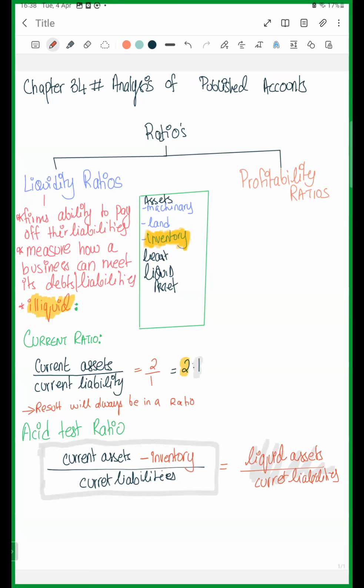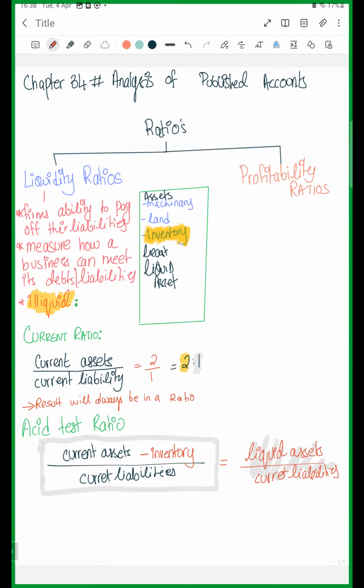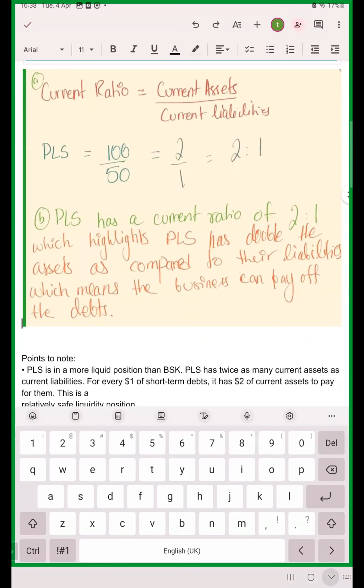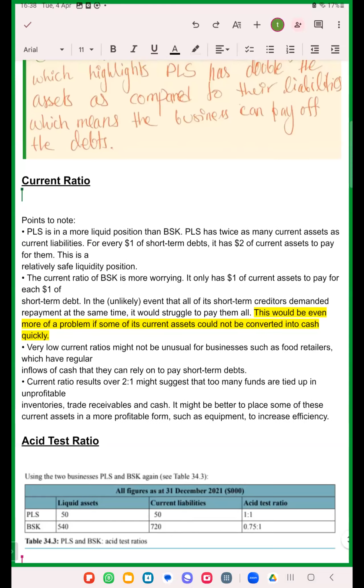You can use the words from above and work on commenting on the ones below it. Miss, so you want me to do the same thing? Yes, but I want you to comment on the acid test ratio. Okay.